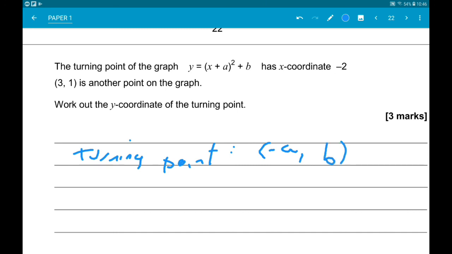So from this we can work out the value of a. So we know the turning point x coordinate is minus 2. The turning point happens at minus a. So minus a is minus 2.